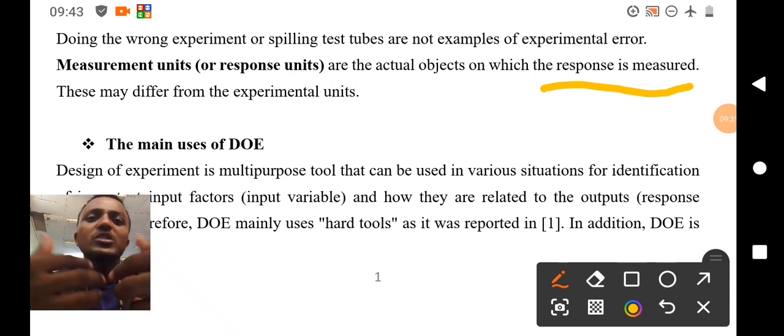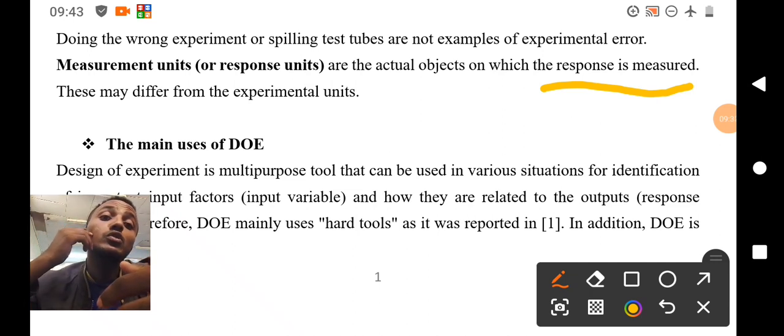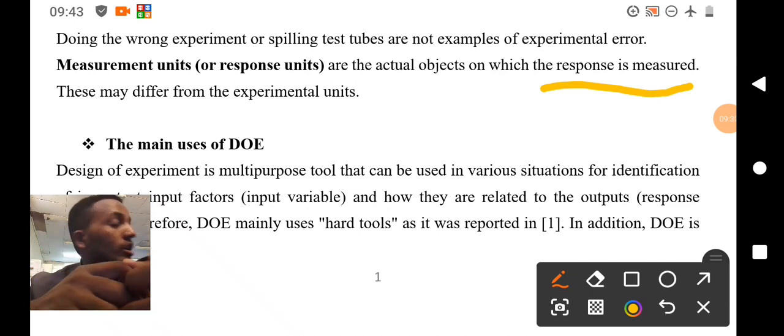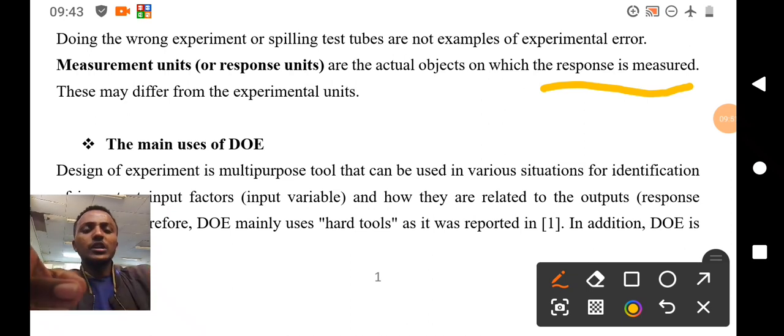These measurement units basically depend on two kinds of variables, which are called qualitative variables and quantitative variables, right? This identifies how measurement units should be set for each response of an experiment.